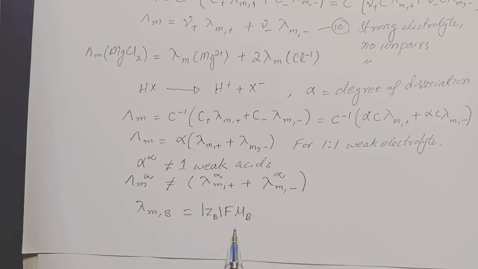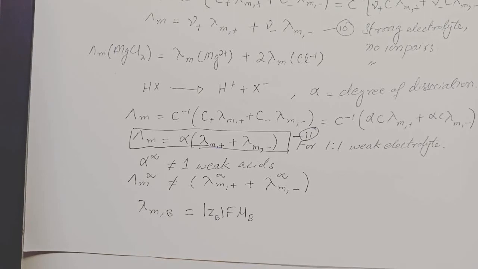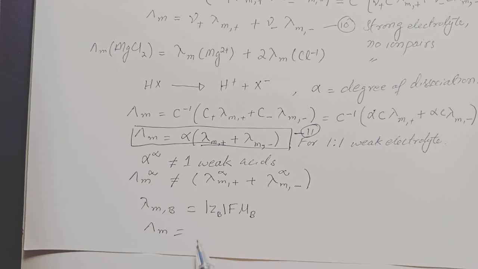And we have observed previously in the discussions that the mobility of the ions at infinite dilution is higher as compared to the concentrated solutions. Equation 11 gives the molar conductivity for the weak electrolyte, whereas for the strong electrolyte we can write the equation where the degree of dissociation is equal to 1.